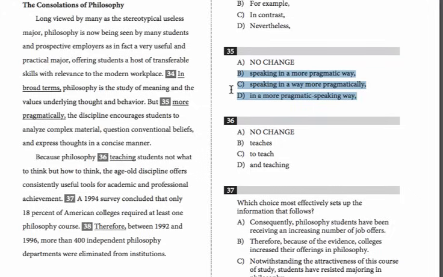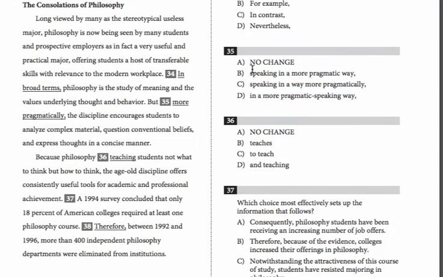Why do we need to add speaking in? Why is the word speaking even necessary? And what's funny is this is sort of tricky, because all three of these have the word speaking in them, it almost tricks you into thinking, oh man, should I be saying speaking? No. There's no reason to be saying speaking here. These are all stupid and longer than necessary and sound horrible. So I'm killing all of them, and A is the answer.